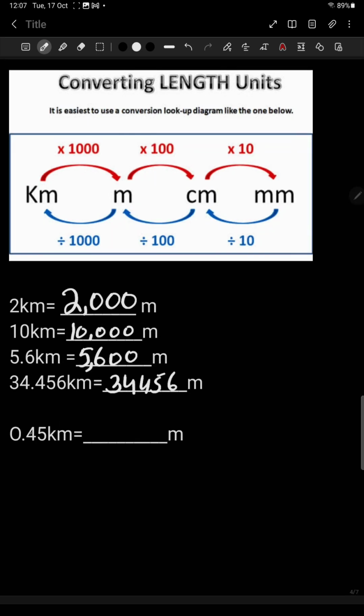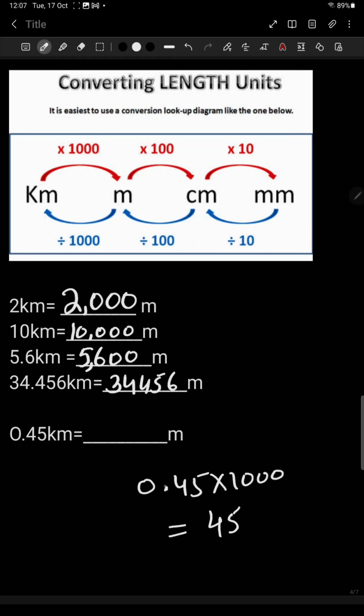The next number is 0.45 kilometer, and we are going to convert it into meter. So the number is in decimal, 0.45. While converting from kilometer to meter, we have the rule of multiplying by 1000. So the decimal will move 3 places towards the right side. There are 2 digits, 1 2.